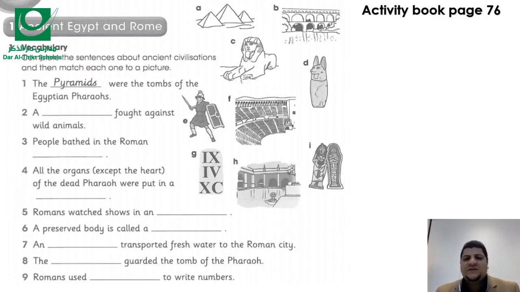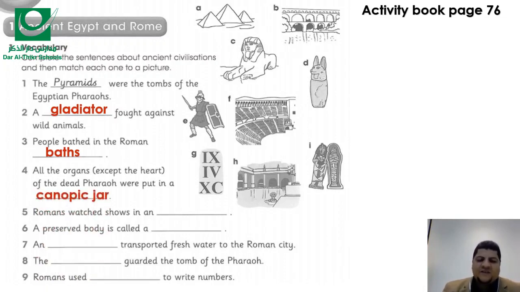And of course, it's going to be picture A. Let's go to 2. A gladiator fought against wild animals. Yes, the gladiator. Number 3, people paid in the Roman. Yes, pass. All the organs except the heart of the dead pharaoh were put in what? In Canopic jars.